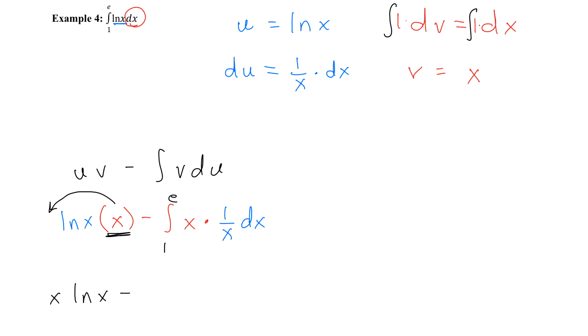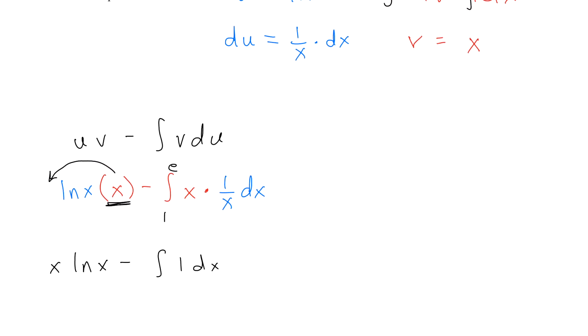Now, for the second part, I'm not going to integrate quite yet because I can simplify this. This is x times 1 over x. When I multiply those out, I'm just left with 1 times dx, which is a whole heck of a lot simpler to work with. Of course, bringing down my limits of integration, 1 and e.